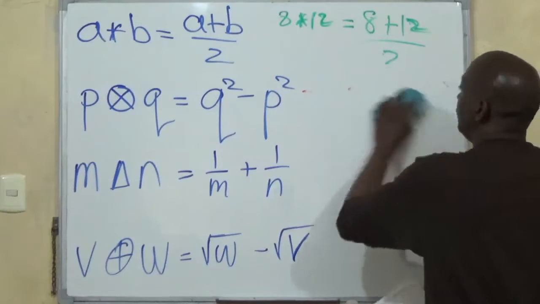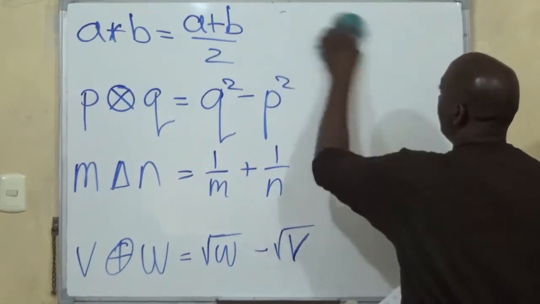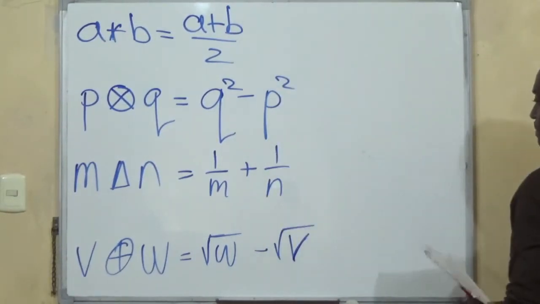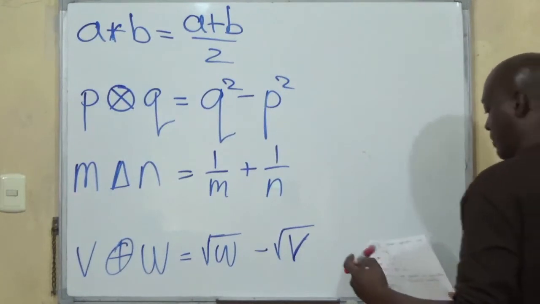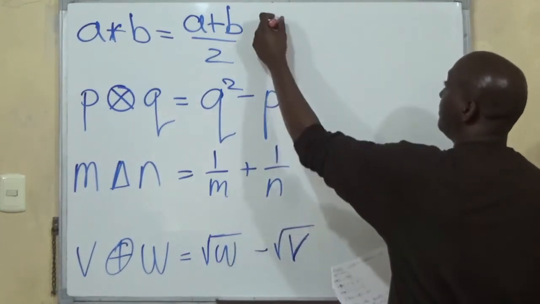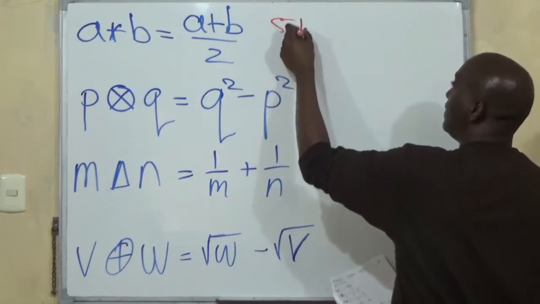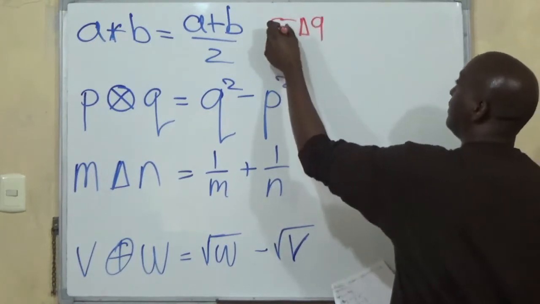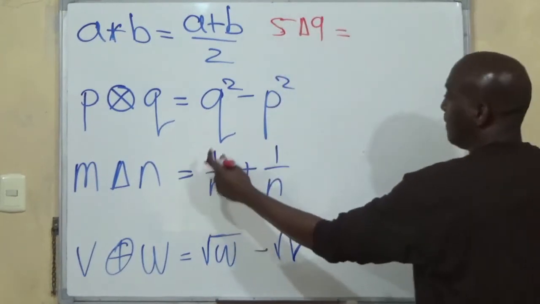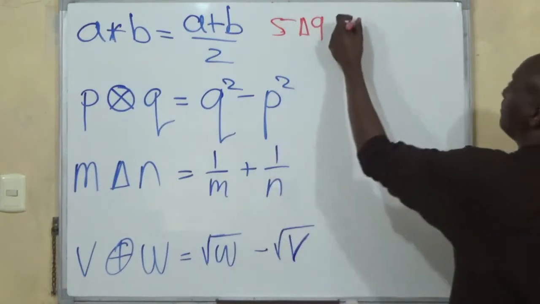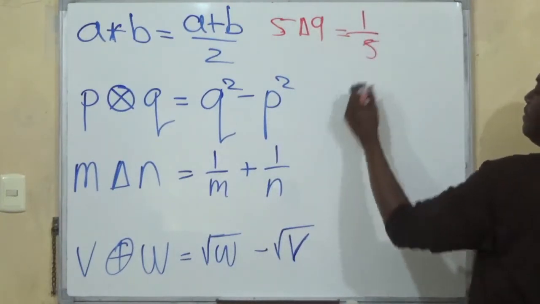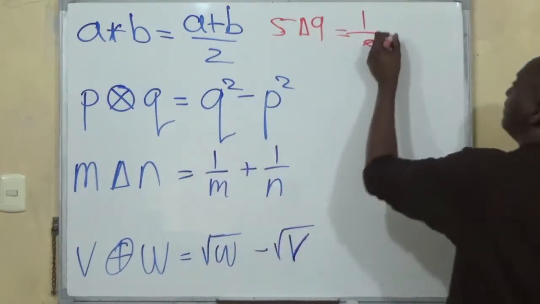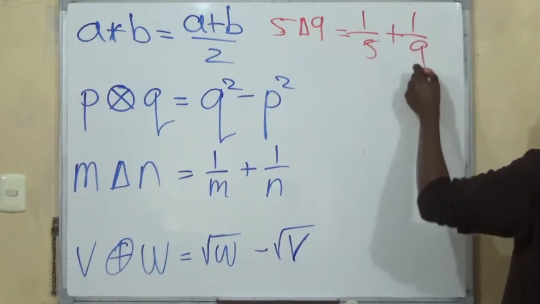So, we have now M triangle N, and we are required to find 5 triangle 9, which will be the same as 1 over M, M for the 5, 1 over 5, plus N for 9, plus 1 over 9.